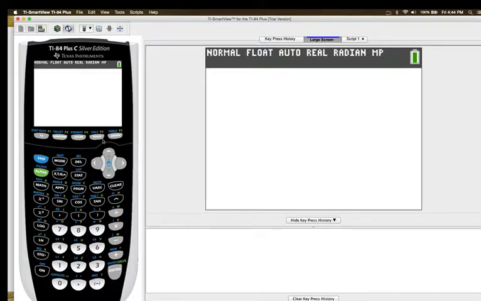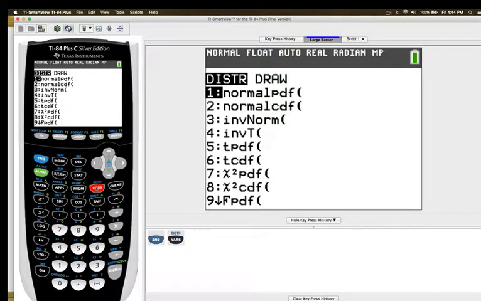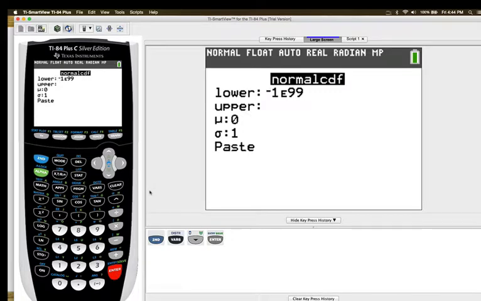So for that we're using a normal CDF function. First of all, you press second and VARS to enter the distribution menu, and then you scroll down through the list until you find normal CDF and then press enter.